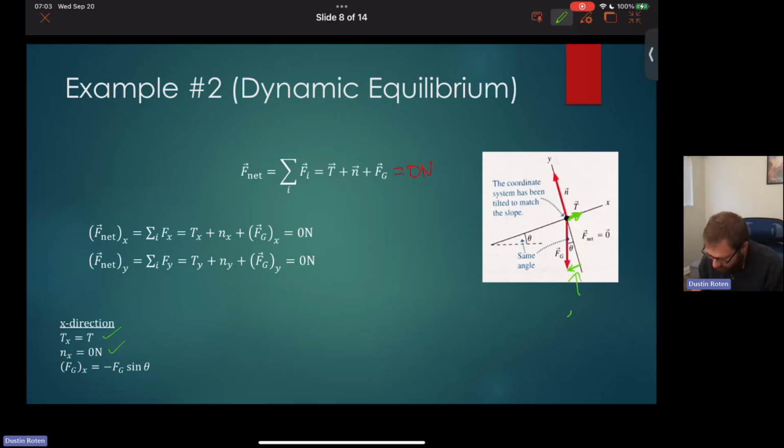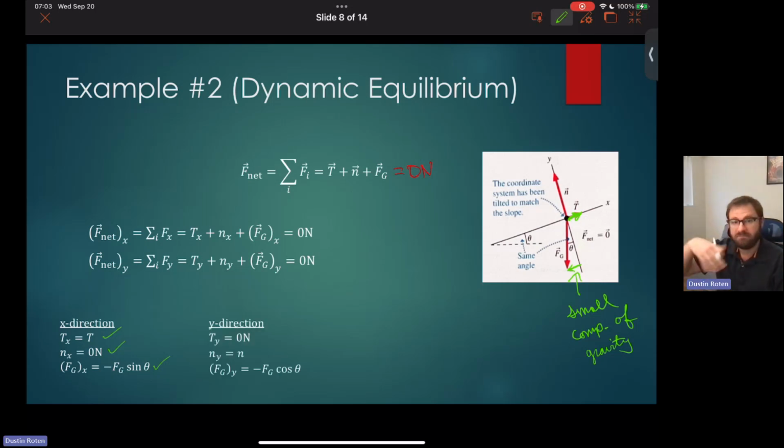Okay, so there's just that little component of gravity pointing down the ramp. We need to account for it, and we do that here. Notice it's the piece opposite the angle, so we need to use the sine to get that piece.